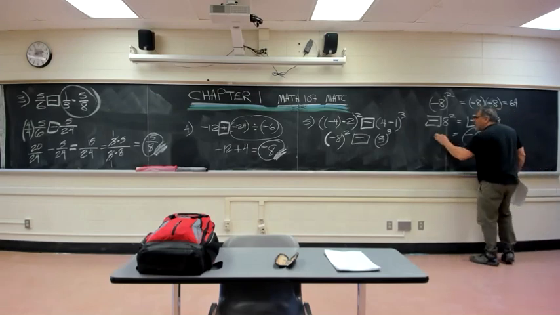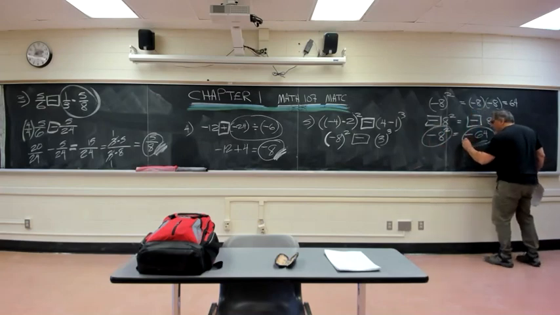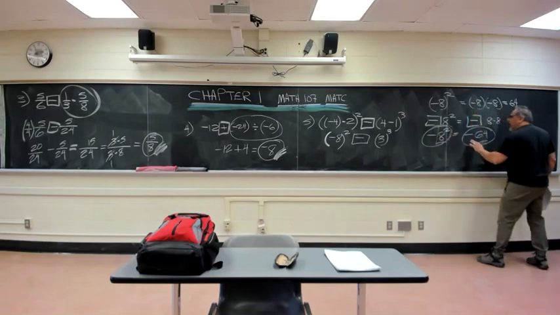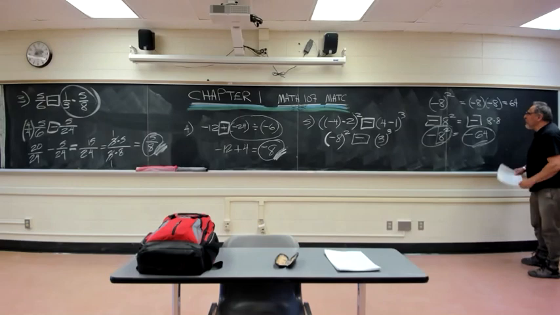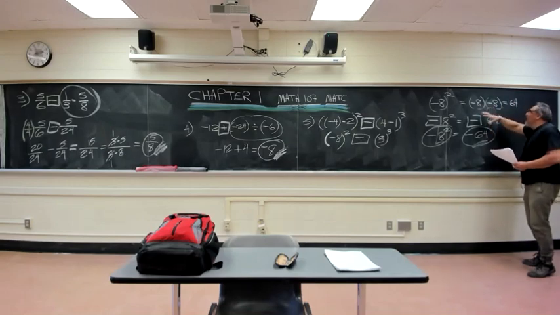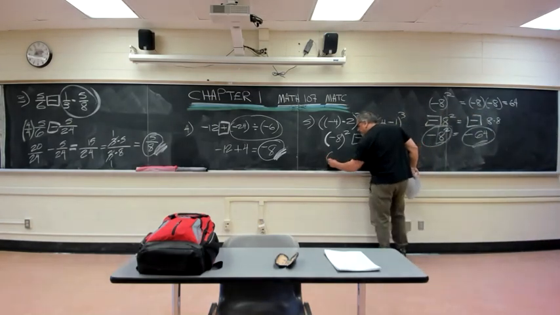If the negative is all by itself out there, it's going to stay, no matter what's happening here. When it's in brackets or parentheses, you multiply it as many times as you need to. With an even number of negatives multiplied together, just two things, negative times negative is definitely positive. So be aware of that.